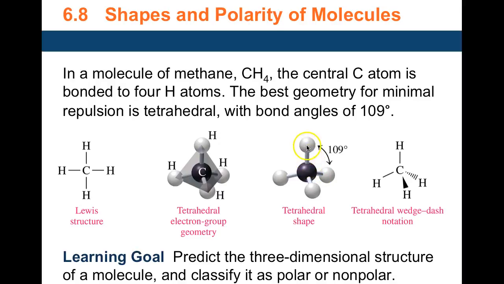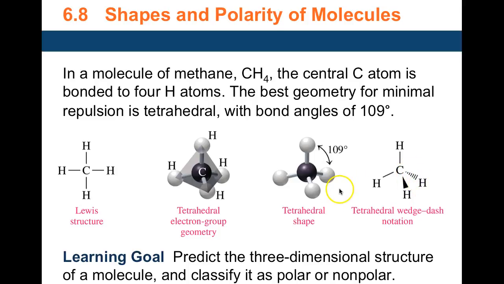And so you have one bond up on top, one bond to the side, and then one bond which is behind the carbon, behind the paper, and then one coming forward out of the plane of the paper. Sometimes, to give it more justice, they use this method of drawing the formula for methane, where you have this wedged line showing the hydrogen that comes out in the front, and the hydrogen in the back with a dash line.